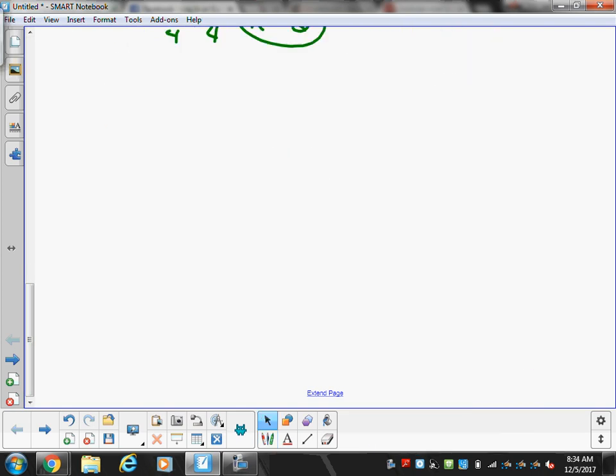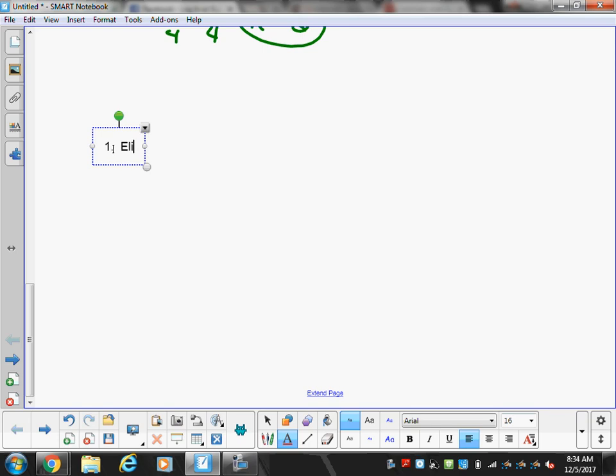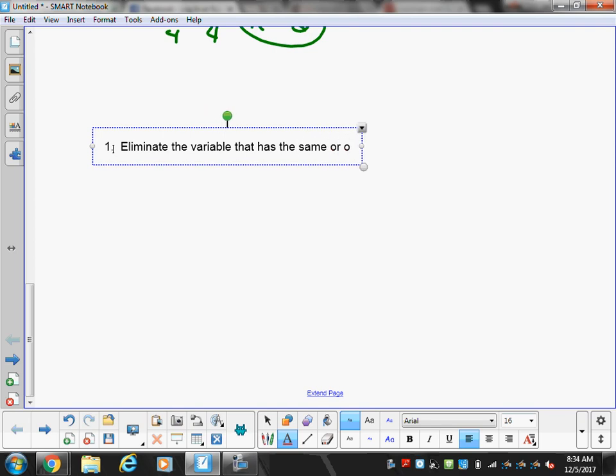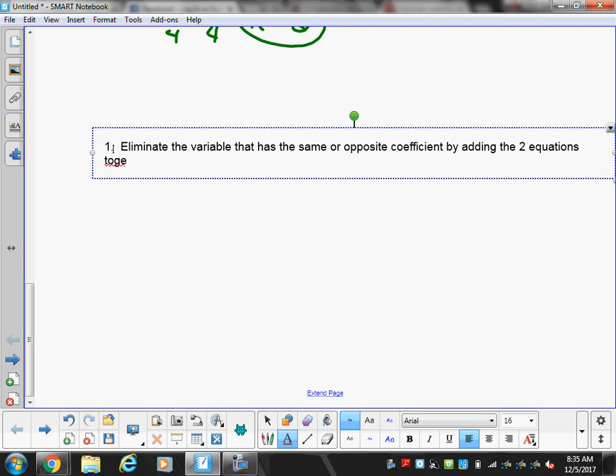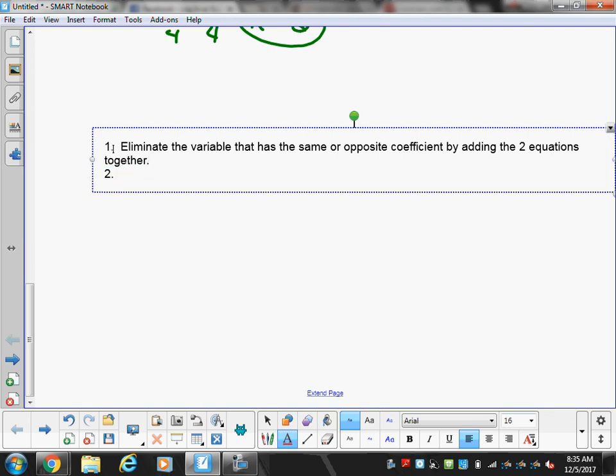Okay. So steps for today. 1. Eliminate the variable that has the same or opposite coefficient by adding the two equations together. 2.